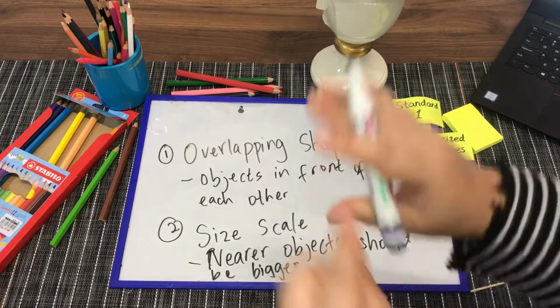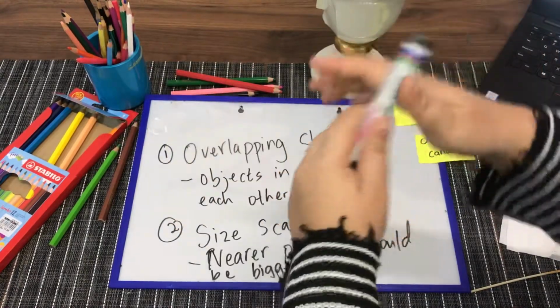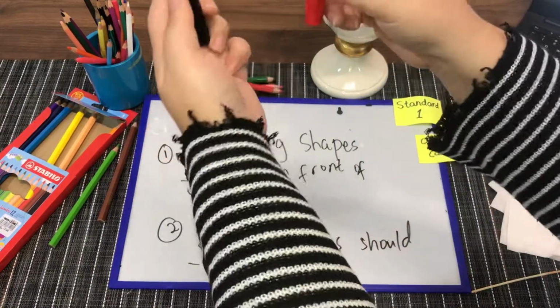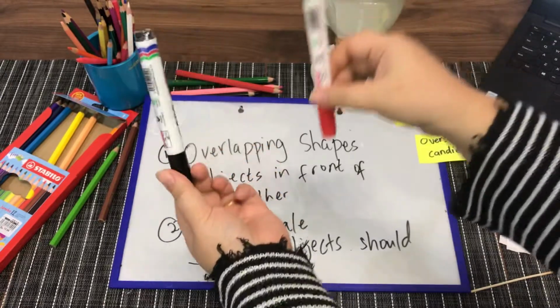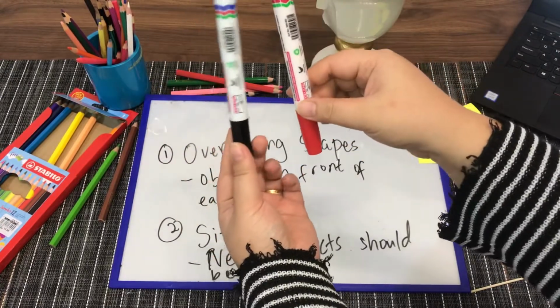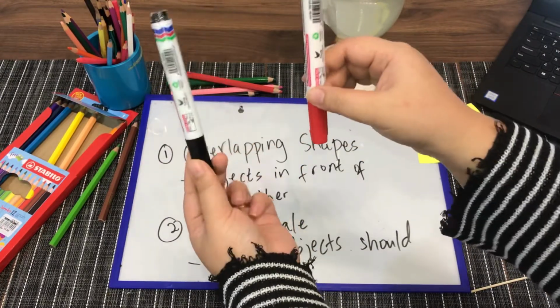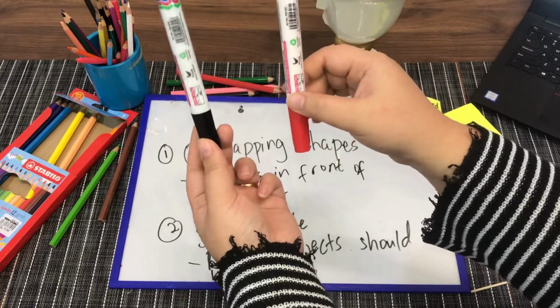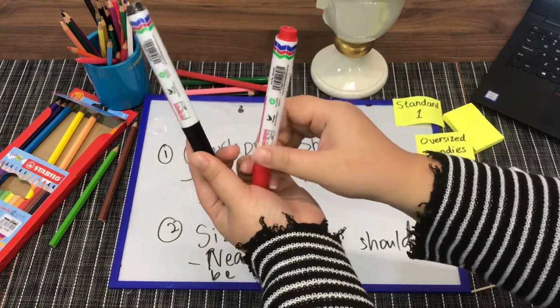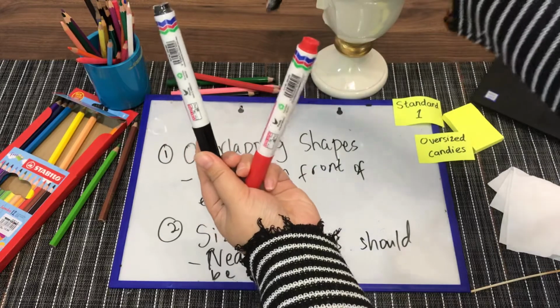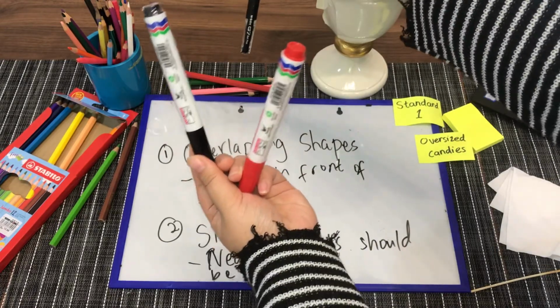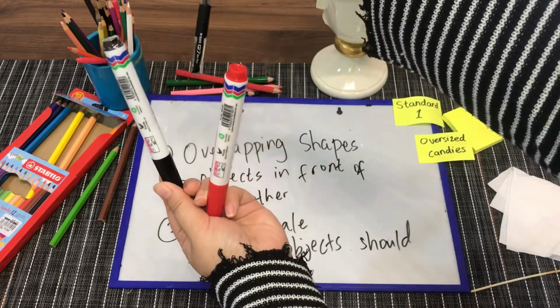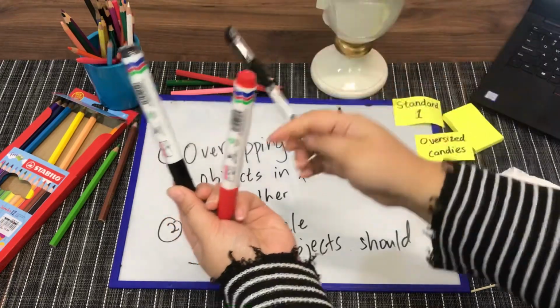Okay, if you have two objects in front of you, and they are at the same space or the same position, they should be big. They should be bigger than the rest of the objects behind. For example, I have this pen behind. When you are drawing the pen behind, make sure that it is smaller than these markers.